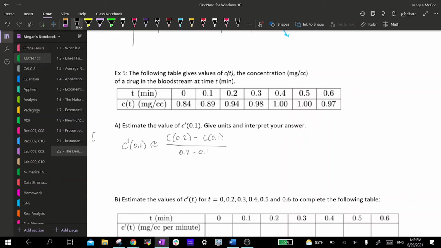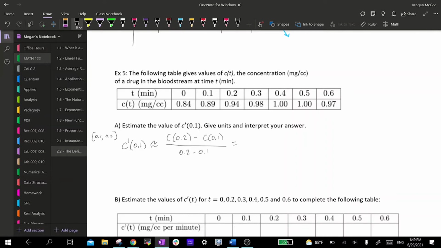So we're looking at 0.1 to 0.2 on this interval. All right. Again, this is not going to be the actual instantaneous rate of change. This is just an estimate, okay?